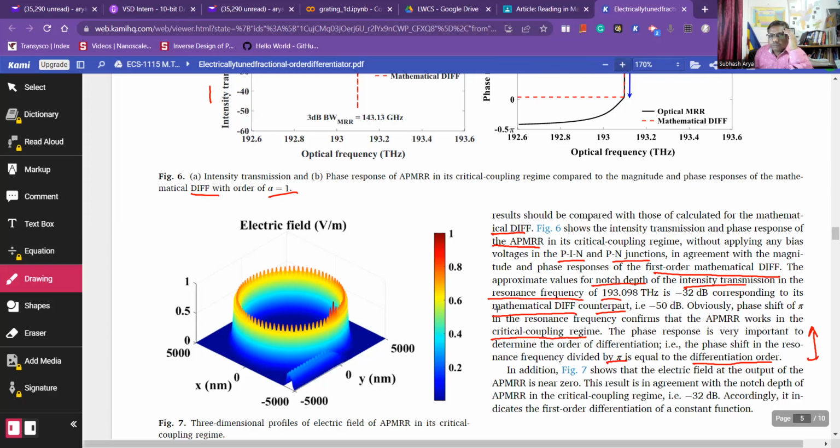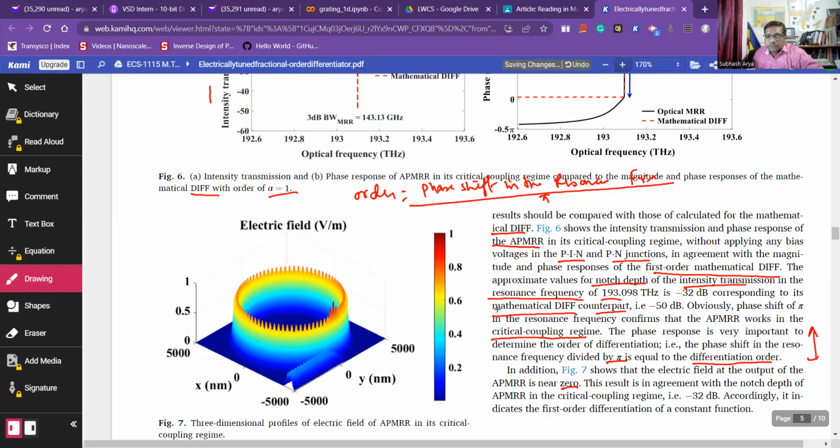So the order is equal to the phase shift at the resonance frequency divided by pi. In addition, figure 7 shows that the electric field at the output of the APMRR is near 0.